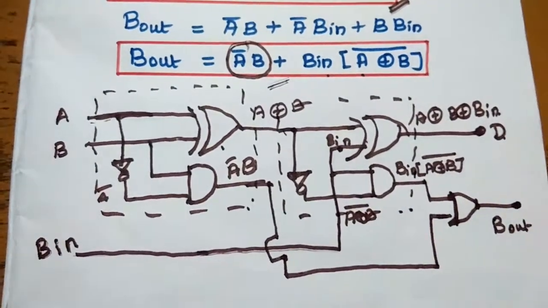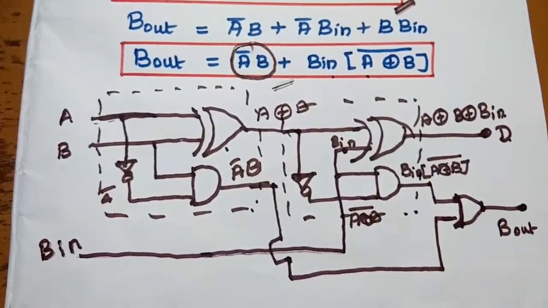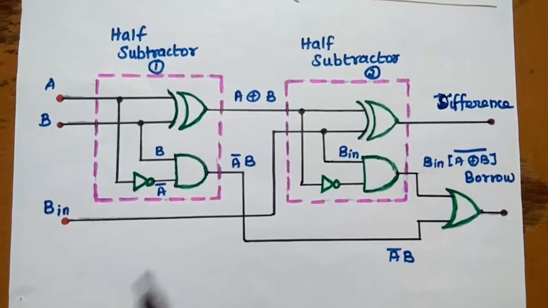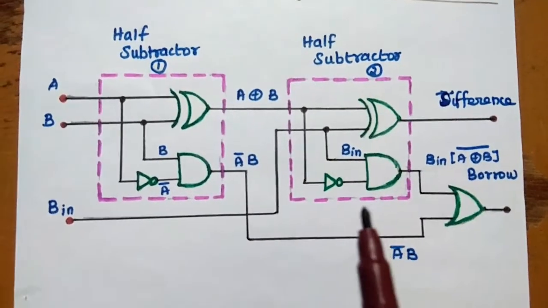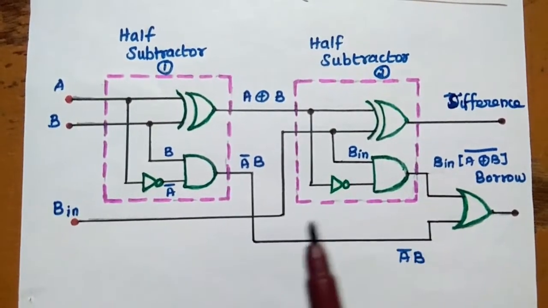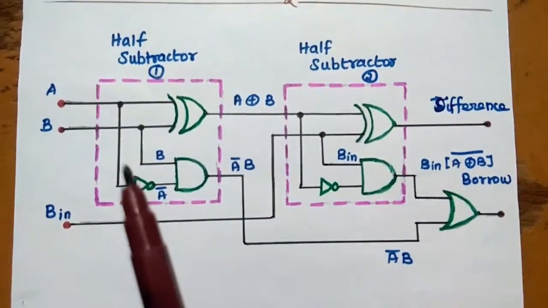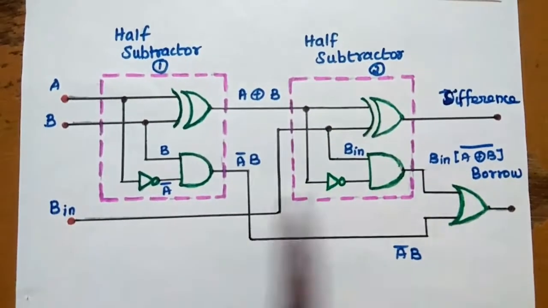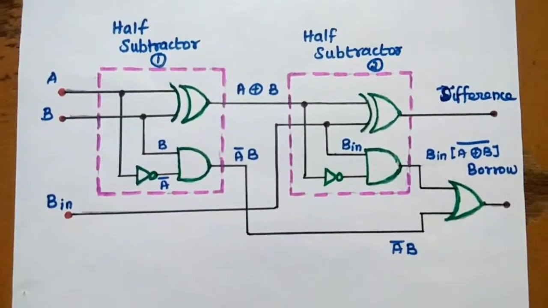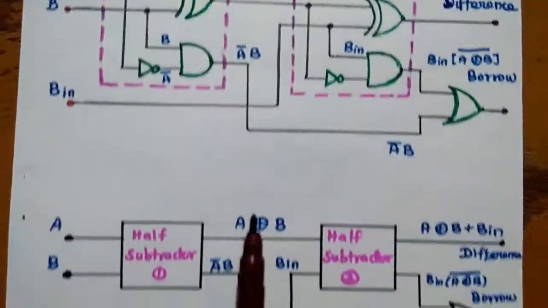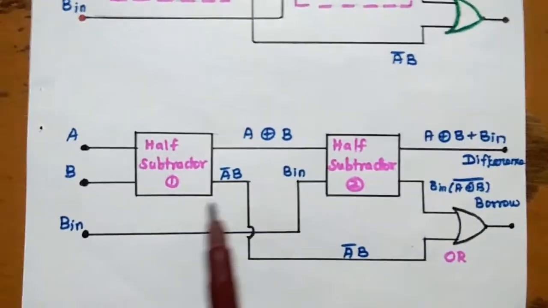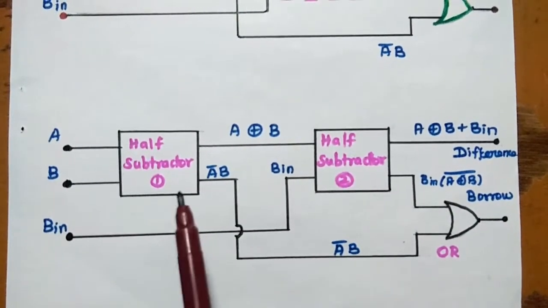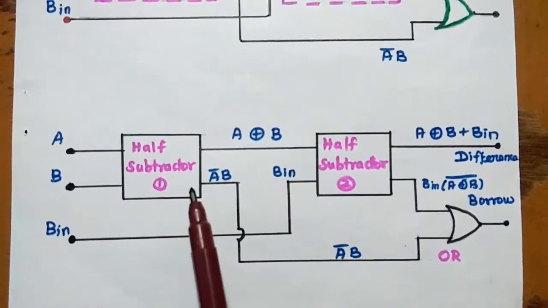Do you all understand how we draw the full subtractor using half subtractors? Finally, we have drawn the full subtractor logic diagram using half subtractors. For that we need two half subtractors and one OR gate. Do you all understand? Next, this can be represented with blocks like this. A, B are given as input to the first half subtractor.